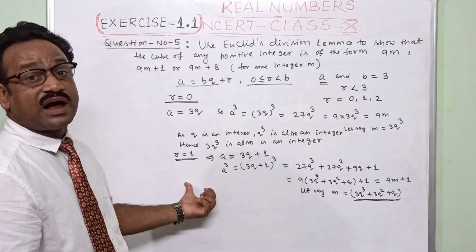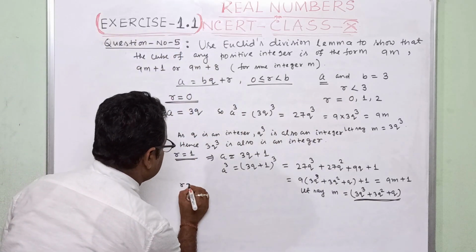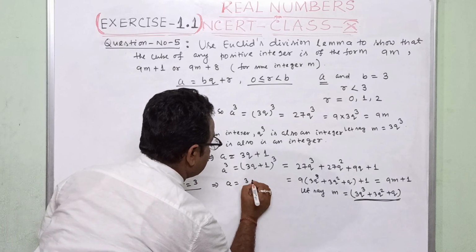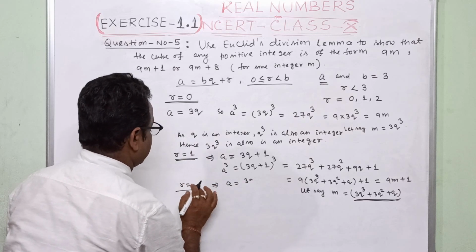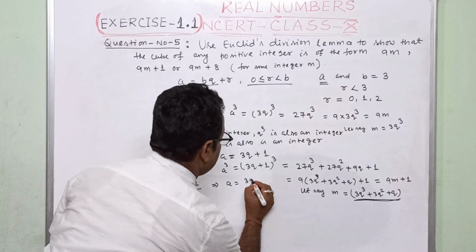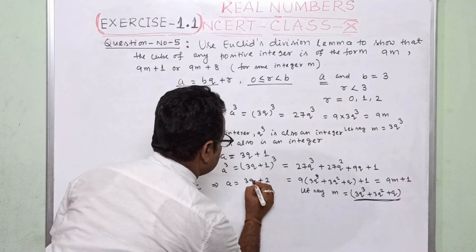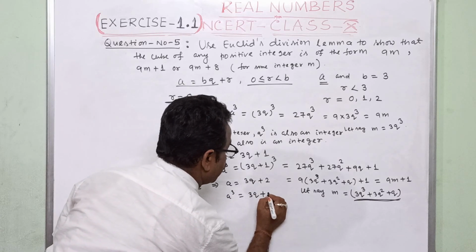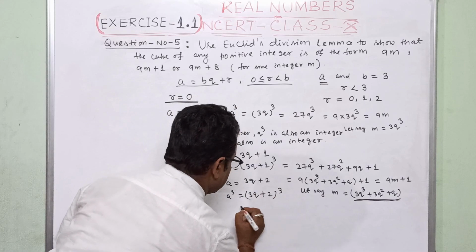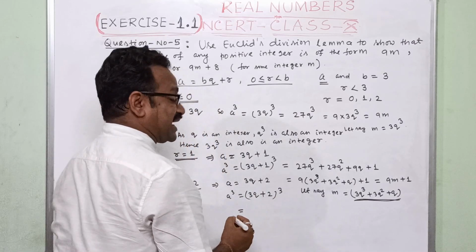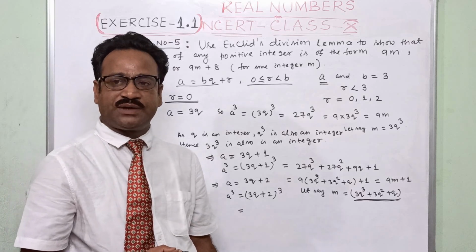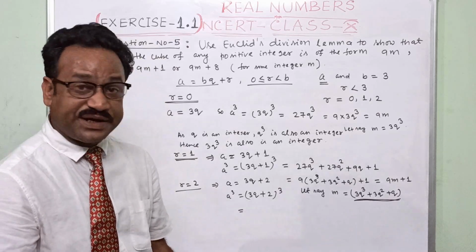Now come to the third case. r is equal to 2, sorry, it is 2, not 3. So a is equal to 3q plus 2. Now a cube is equal to (3q plus 2) whole cube, which is (a plus b) whole cube, equal to a cube plus 3a square b plus 3ab square plus b cube.